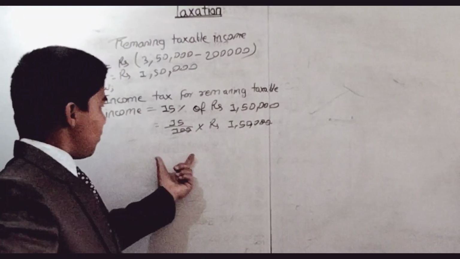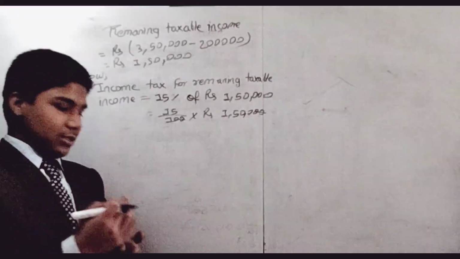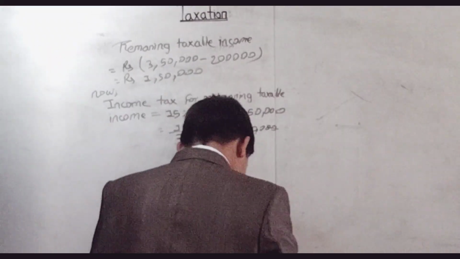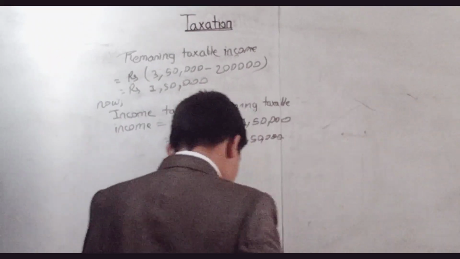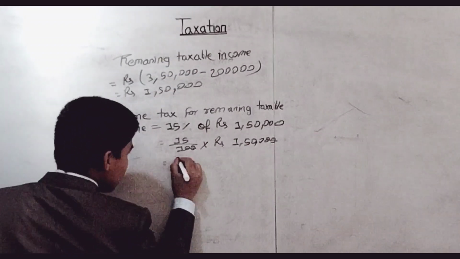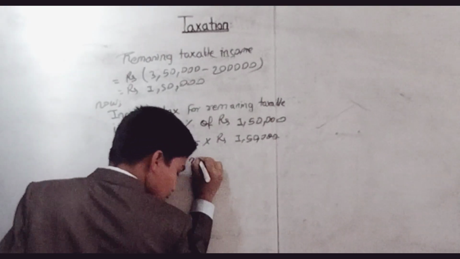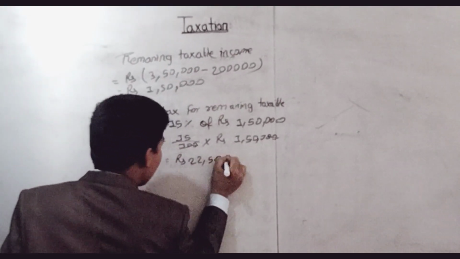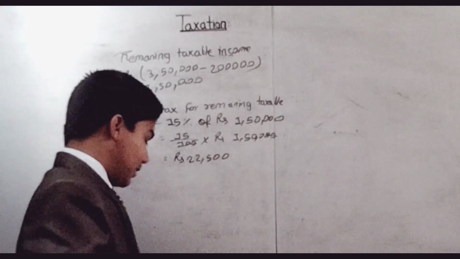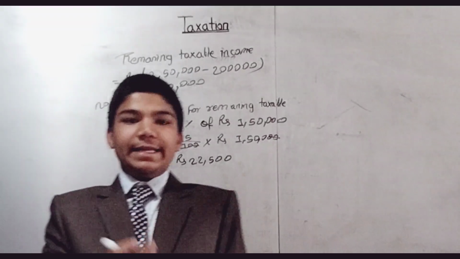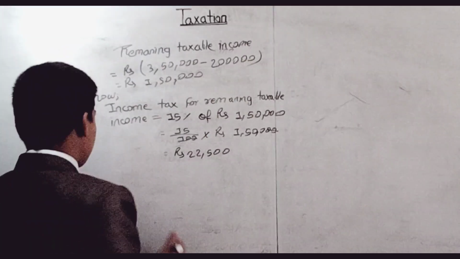Now when we multiply this, what will we get? Let's use the calculator. So our answer is rupees 22,500. Now after this, we have to find total income tax, which was our main question.